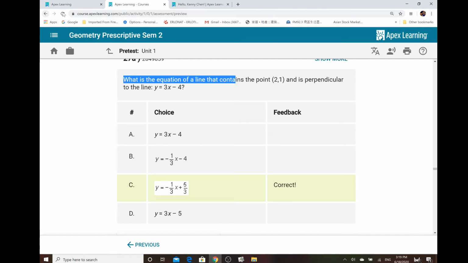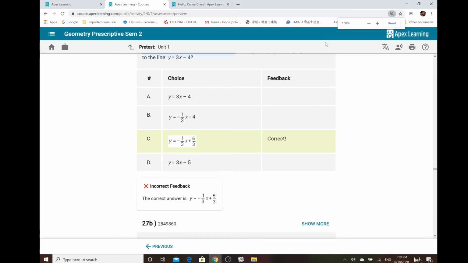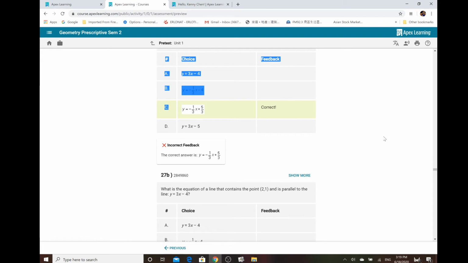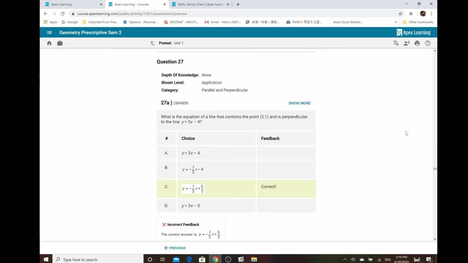Let's see. Let's try to do this. Just want to minimize it a little bit. Here we go. And then copy and paste. Wait, what's wrong? Okay, so 27.